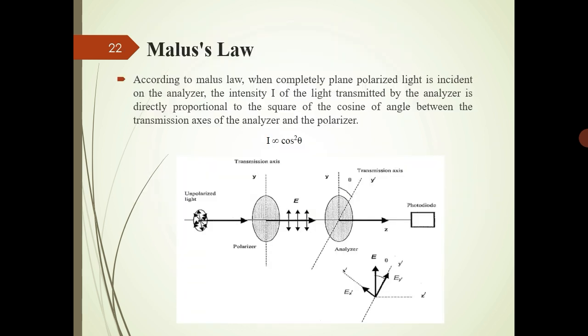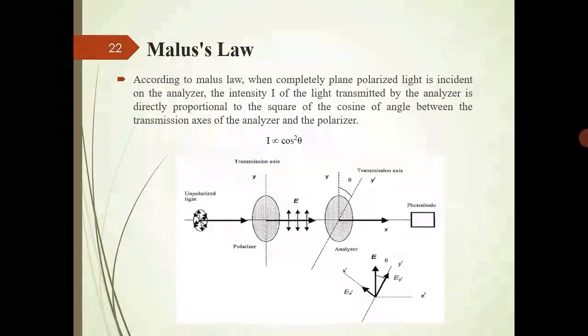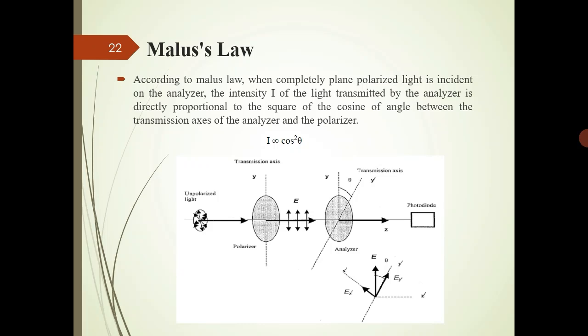The next topic is Malus's law. According to this law, when completely plane polarized light is incident on the analyzer, the intensity I of the light transmitted by the analyzer is directly proportional to the square of the cosine of the angle between the transmission axes of the analyzer and the polarizer.